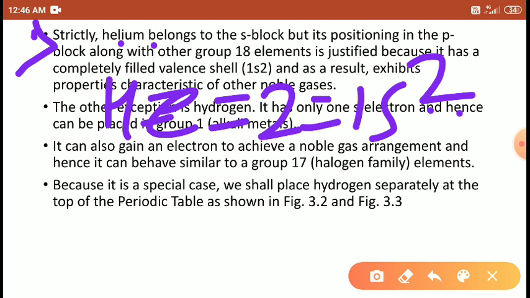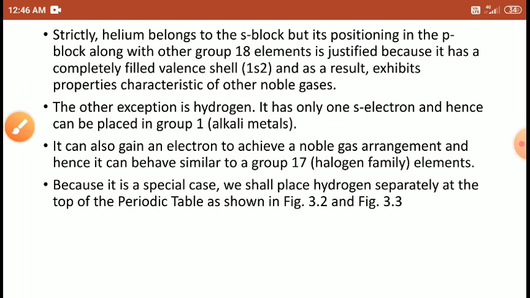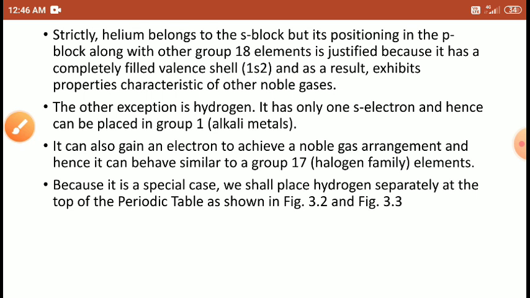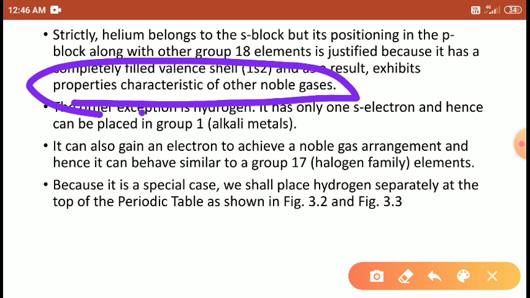The outermost electron is present in the s orbital, but we place helium in group 18. Why? Because its outermost shell is completely filled, 1s2, and its behavior is similar to other noble gases, so it is kept with the p block rather than the s block.